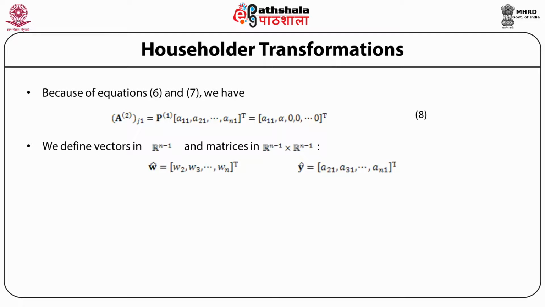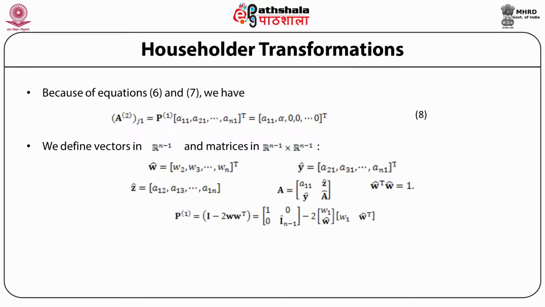Vector W is (W2, W3, ..., Wn)^T, vector Y is (a21, a31, ..., an1)^T, vector Z is (a12, a13, ..., a1n), where A is the block matrix with a11, Z, Y and A, and W^T W = 1.